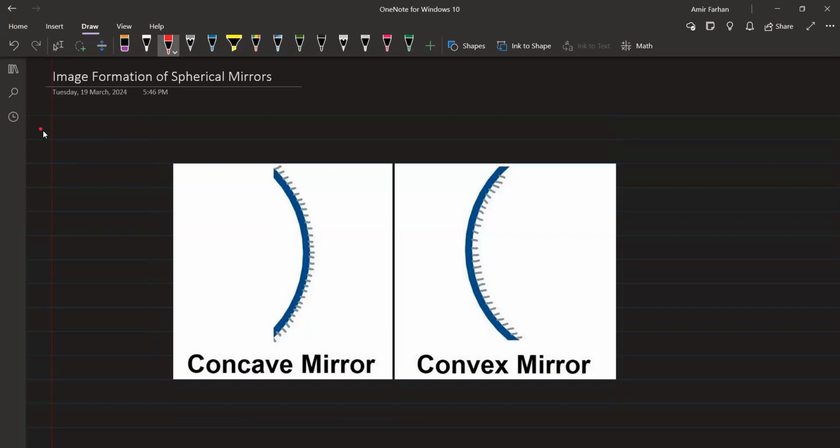So this is spherical mirror. First is concave.